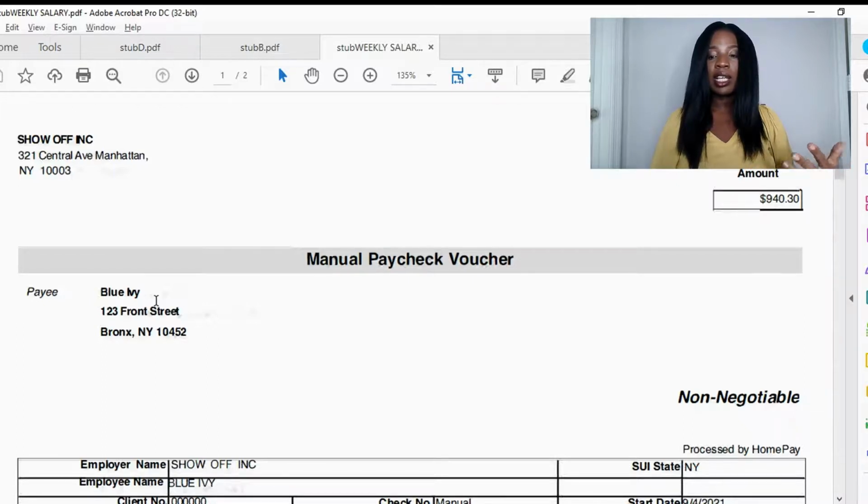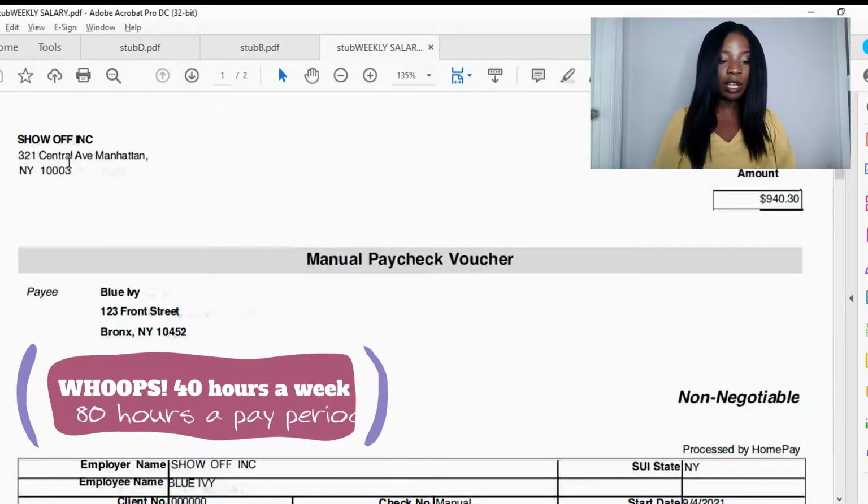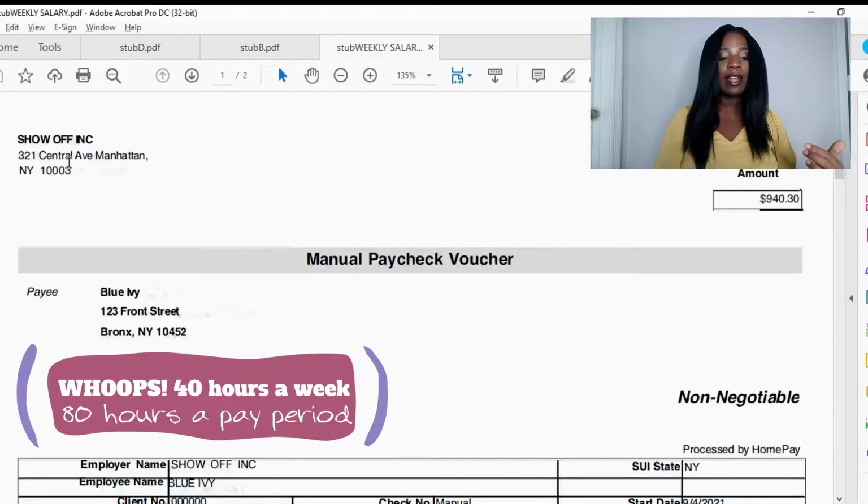And then again, a secondary way of making sure of that is if our borrower is paid hourly and paid bi-weekly, that means they work 80 hours per pay period, which is what we show here. This borrower is getting paid at a rate of $37.50 at 80 hours.